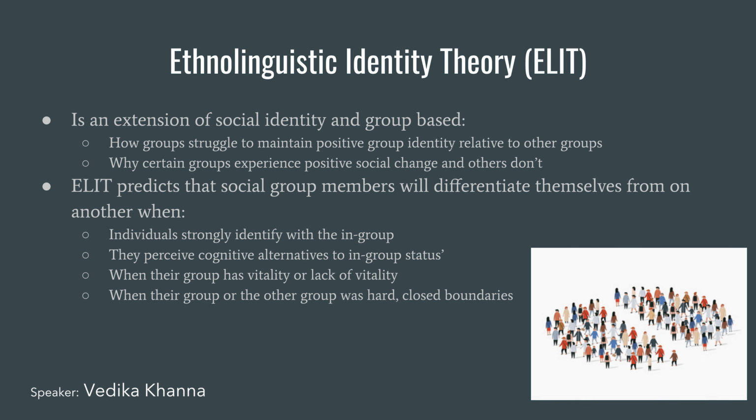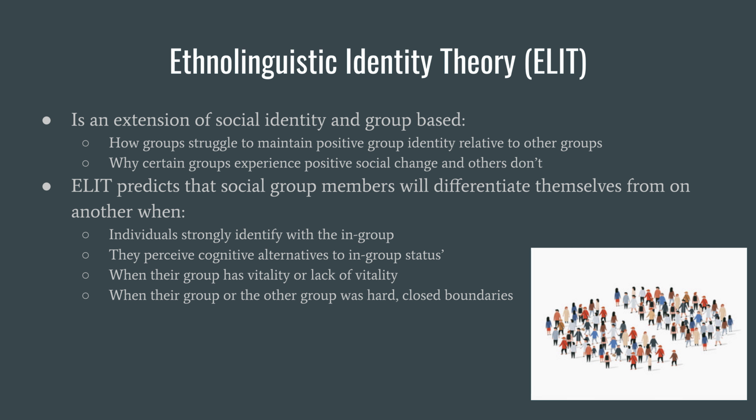Ethno-linguistic identity theory is an extension of social identity and is group-based, and it just talks about how groups struggle to maintain positive group identity relative to others, and also why certain groups experience positive social change and others don't. ELIT predicts that social group members will differentiate themselves from one another when individuals strongly identify within an in-group. This is usually the outspoken people and sometimes leaders.